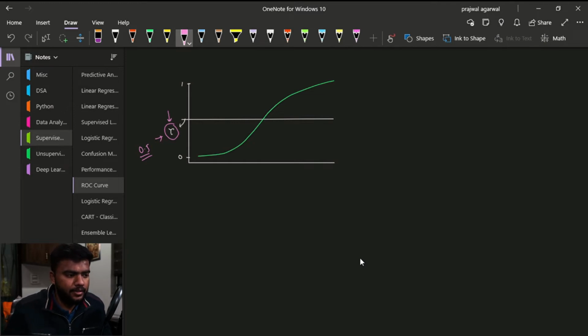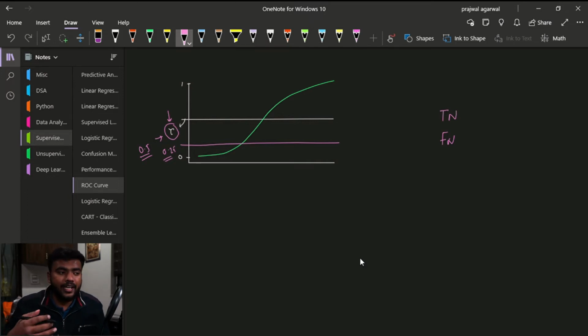If I make the threshold higher, then what will happen? More points will be classified as no, so it will increase true negatives and it will also increase false negatives. Similarly, if I decrease the threshold, if I make the threshold 0.25, a quarter, then it will classify more points as yes.